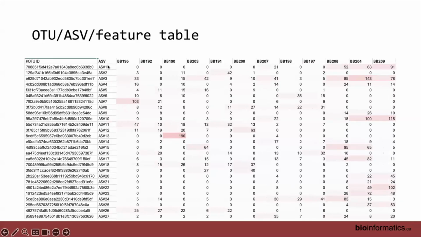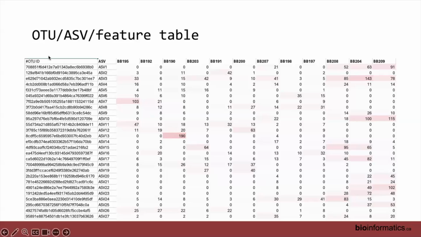And so usually what we will do is assign each of these a name or a number, ASV1, ASV2. I did actually review a paper a while back where they just used this MD5 sum, and it was absolutely horrendous to read. They really didn't want to change 20 names, but you're reading a second paragraph and you can't remember if it's the same thing they were talking about in the previous paragraph.